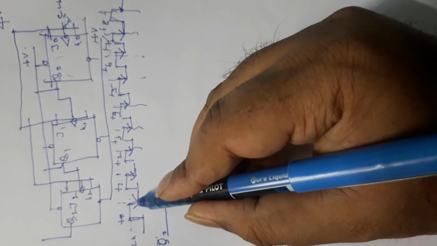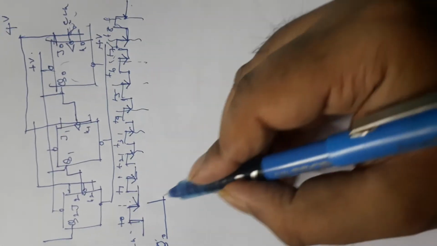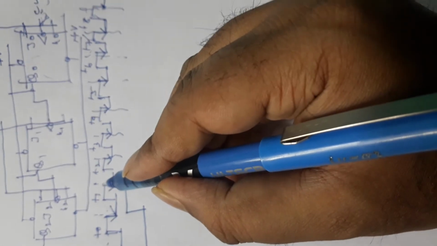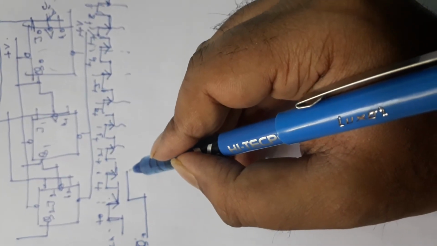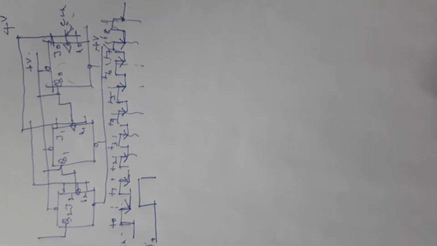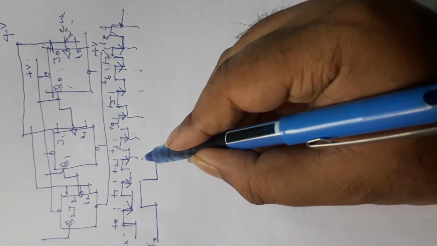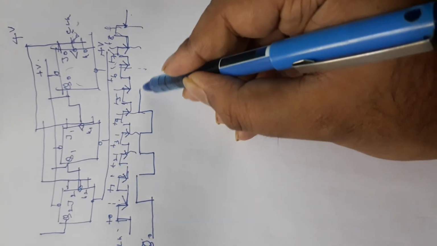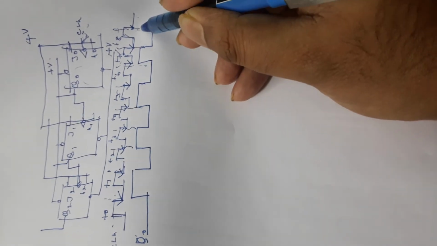Whenever the negative edge comes in this clock, Q0 is going to toggle. Similarly, when the next negative edge comes, Q0 is going to toggle again, and it keeps toggling, right?